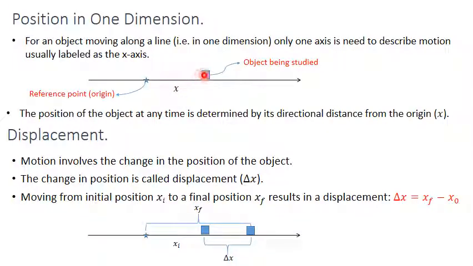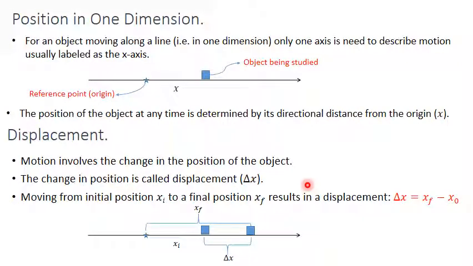x could be positive if I'm on the right side of the origin, or negative if I'm on the left side of the origin. However, as we said, motion involves the change in position, not position itself. So I don't care about the exact position, I care about the change in position. So I'm going to define the displacement. The displacement is the change in position, and it's called delta x.